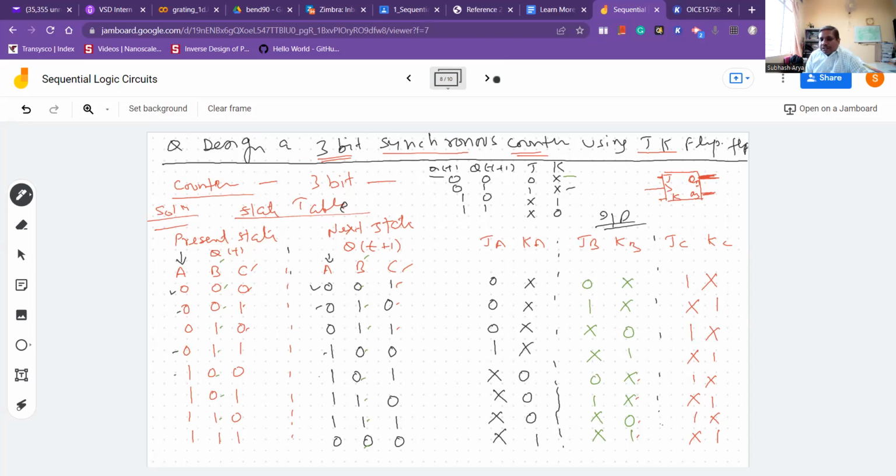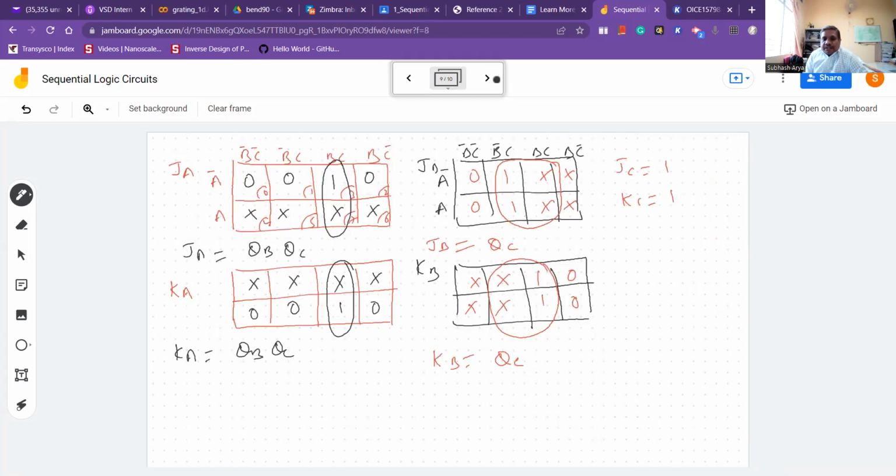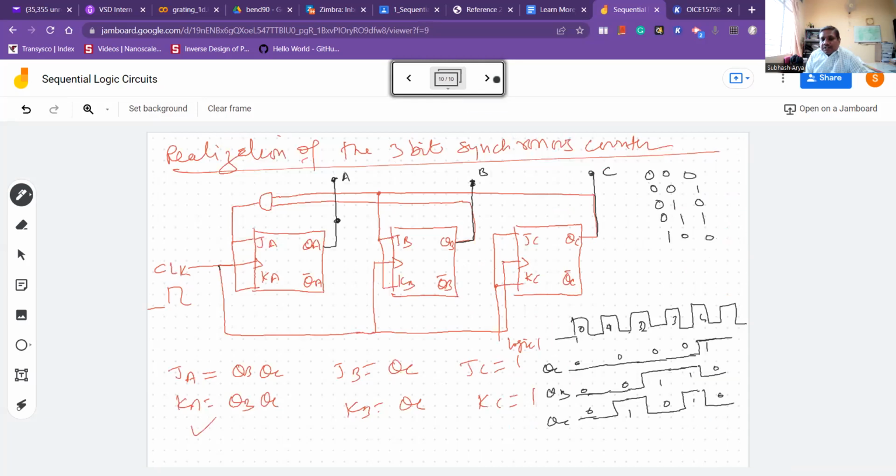You then find out the inputs of all these JK flip-flops using the excitation table. After that, you simplify and find out the Boolean expression of each input of the flip-flops. Then based on that, you realize the circuit. Here JA, KA is nothing but QB, QC. And JB is nothing but QC.